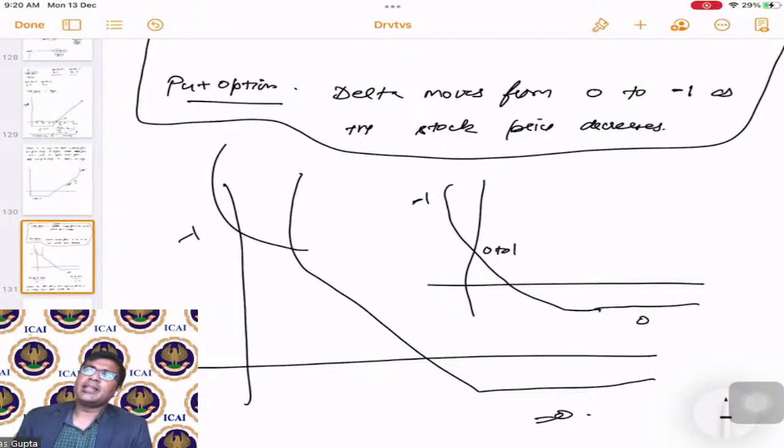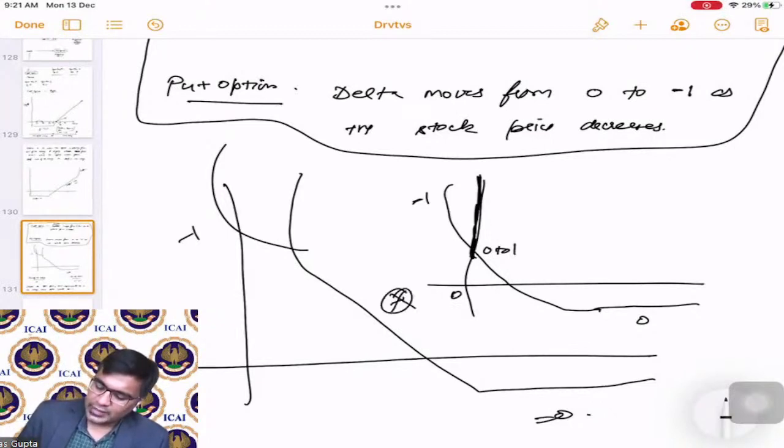Because deep in the money will become so once the price is going far behind. If the price is 0, basically this line should coincide with the y-axis. But just to explain, I'm stretching this here so that you know it is deep in the money, although the share price cannot be negative.